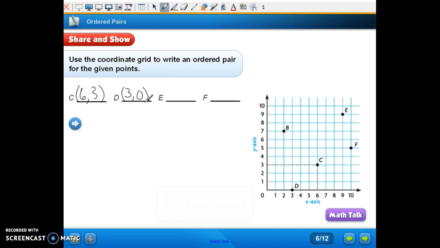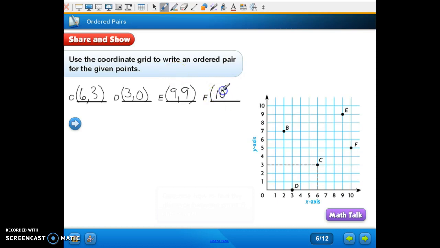Tegan, E. How many are we going to go over? 9. And how many are we going to go up? 9. Okay, so our ordered pair for E is (9, 9). Camry, F. Mia, I'm sorry. How many over? 10.